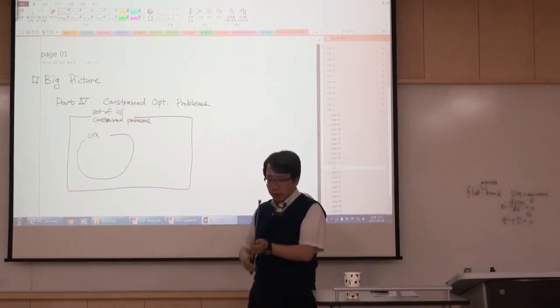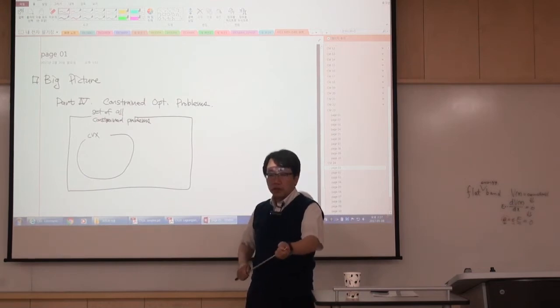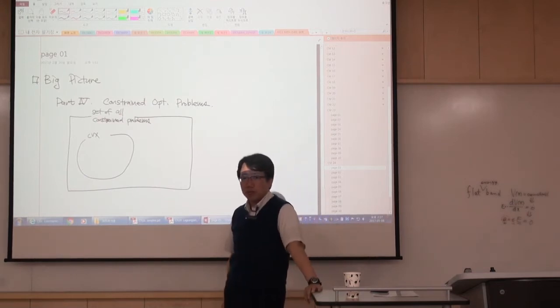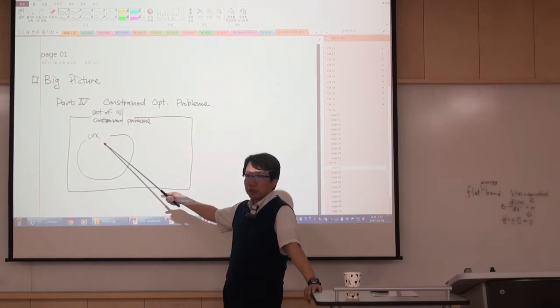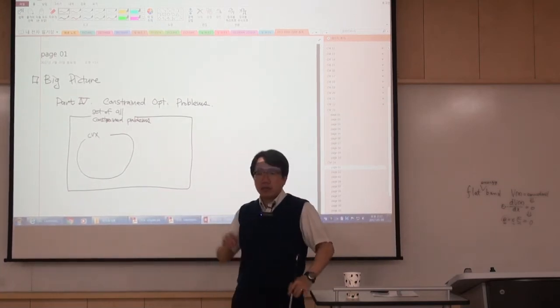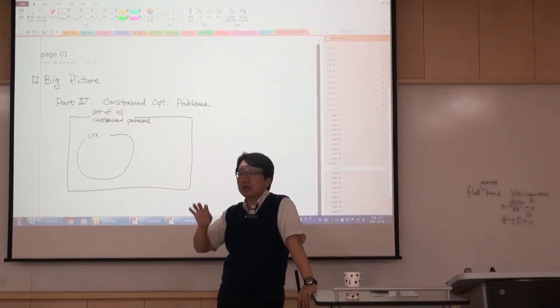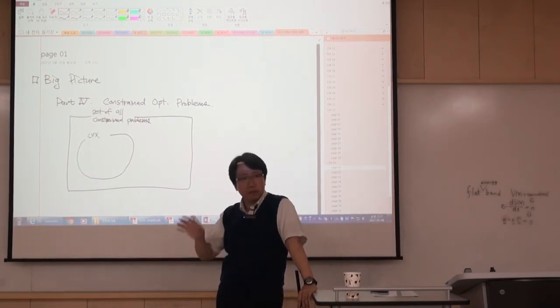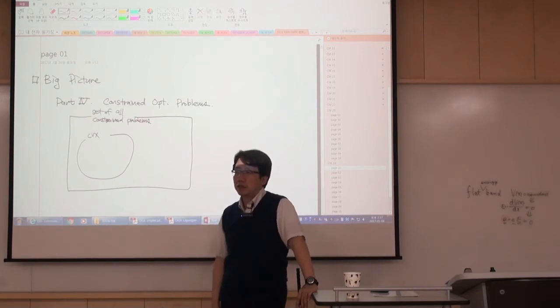So we devise a new subclass of optimization problems called convex optimization problems. Convex optimization problems have a convex objective function defined on convex sets.